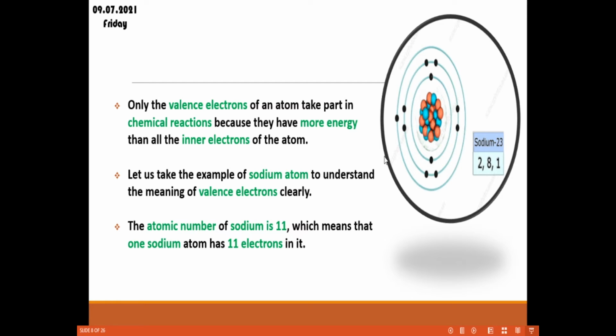So let us take the example of the sodium atom to understand the meaning of valence electrons. The atomic number of sodium is 11, which means that one sodium atom has 11 electrons in it.